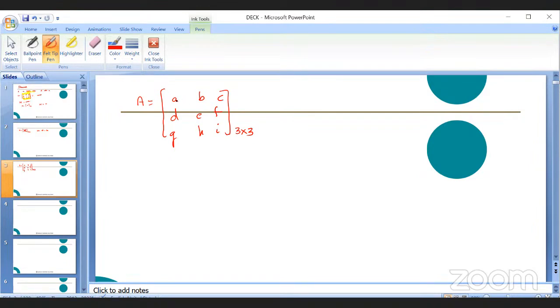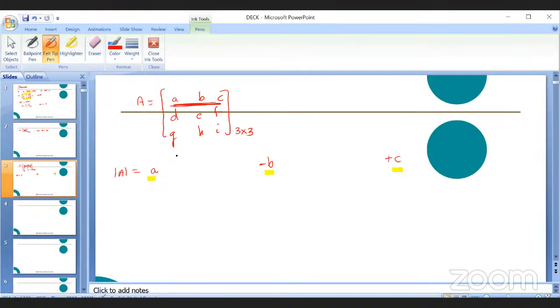What I will tell you is, first take any 1 row or 1 column. Suppose I take the first row having A, B, C. Now I will take A, B, C with alternate signs. A, I will take positive. B, I will take negative, minus, and C again positive.